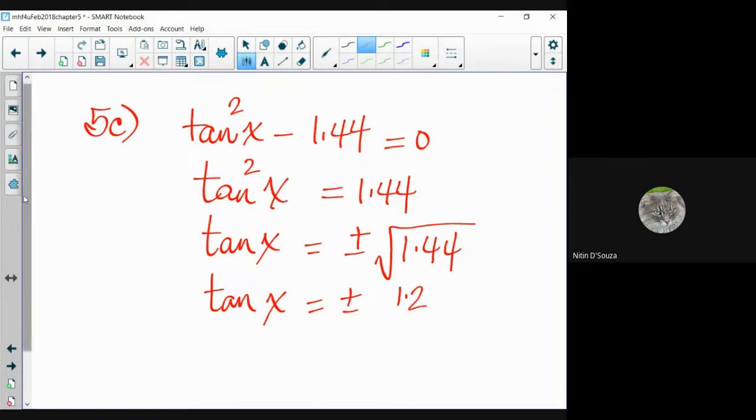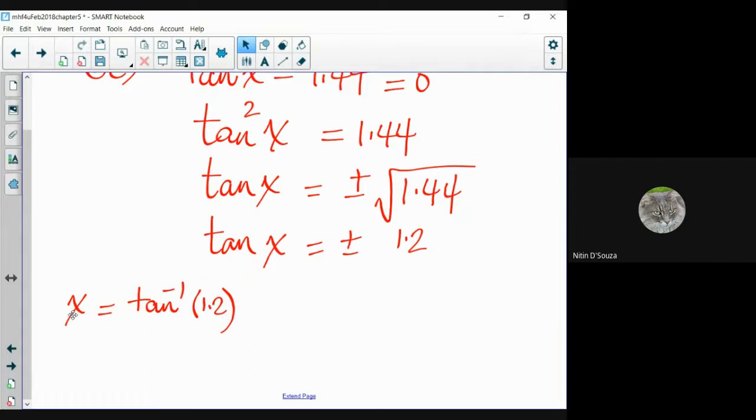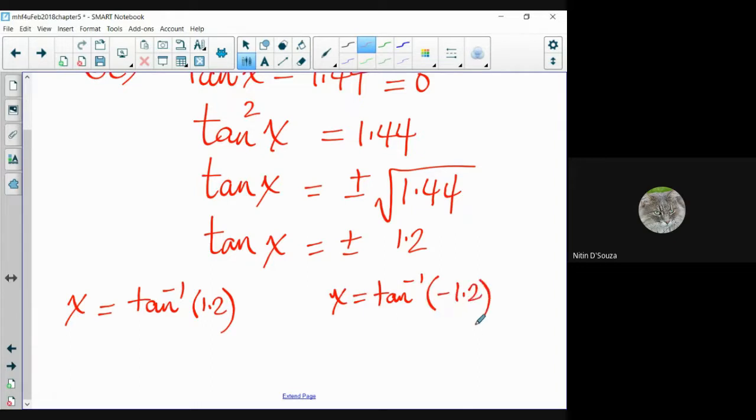Okay. So when you find out what this is, you're going to do x equals tan inverse of 1.2, and you've got x equals tan inverse of negative 1.2. I got 0.88.